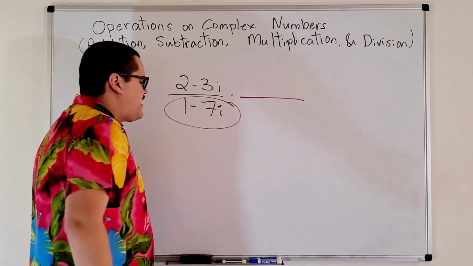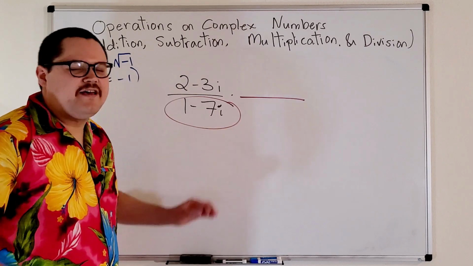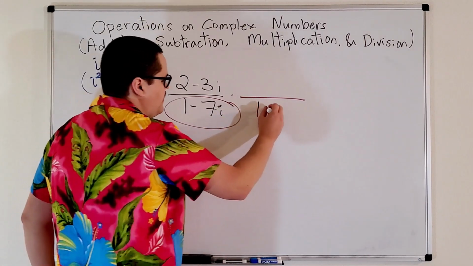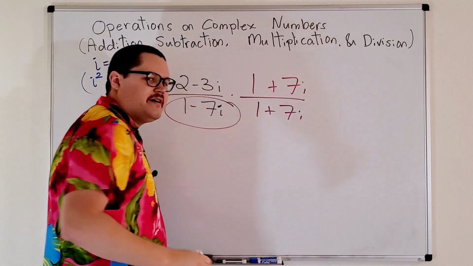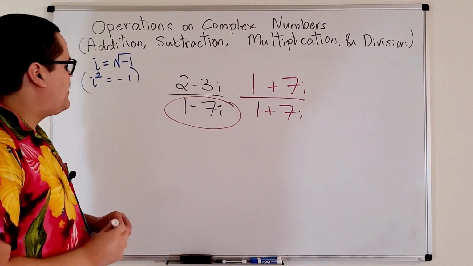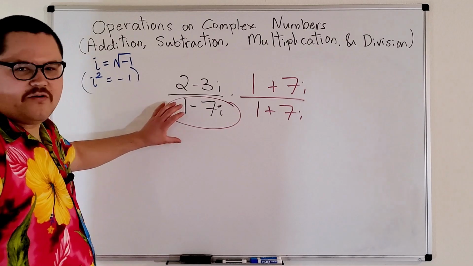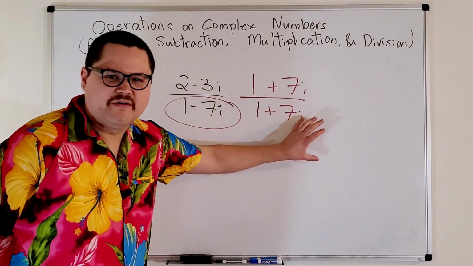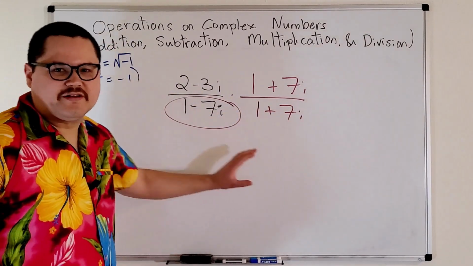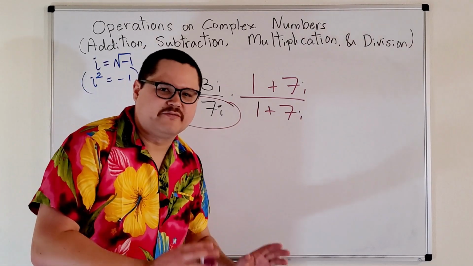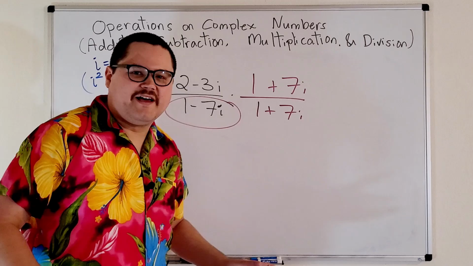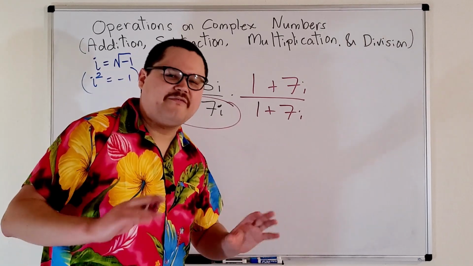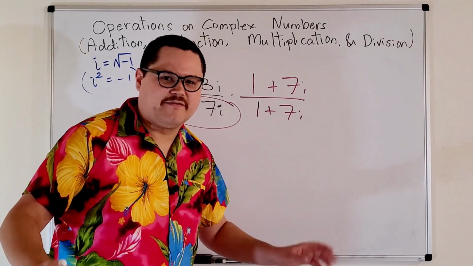So the complex conjugate of 1 minus 7i is 1 plus 7i. So you multiply by 1 plus 7i over itself. Why? Well, we know when we do this foiling on the bottom, we're just going to get a squared plus b squared, which is a positive real number. And then we can FOIL on the top and simplify. And this will allow us to write everything in a plus bi form.